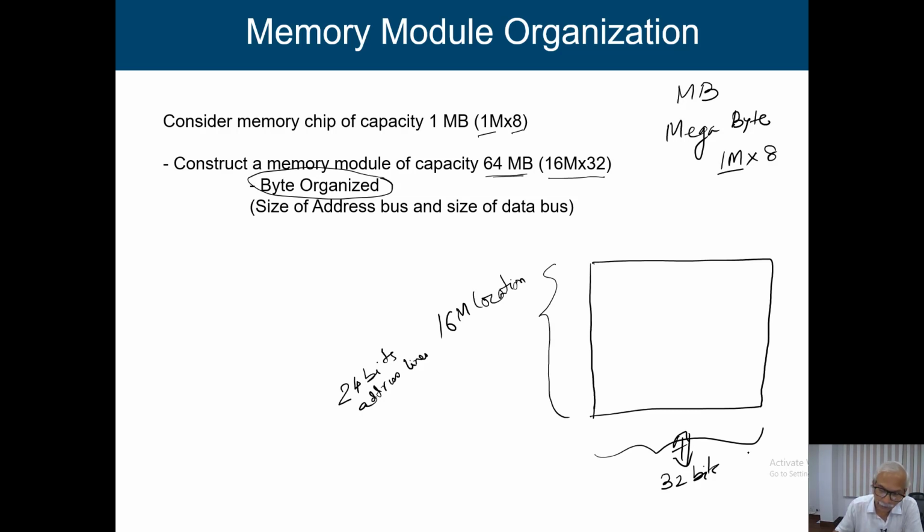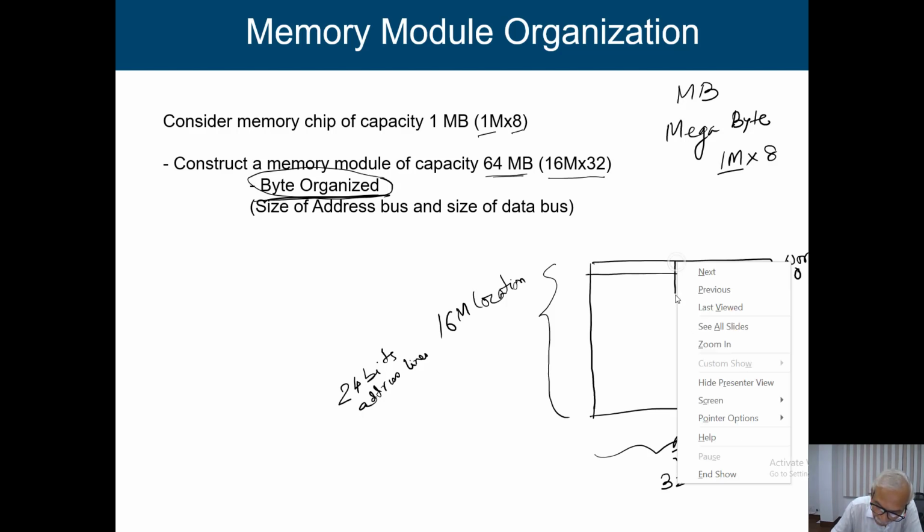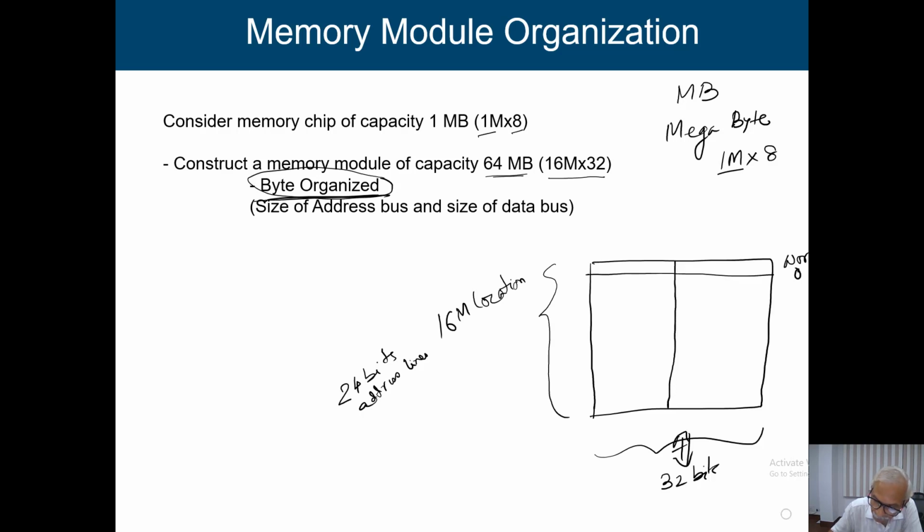But it says that memory is byte organized. So what does it mean? When we say that it is byte organized, we should have provision to access byte wise also. Now when I look at the first word, I will say this is my word 0. In this particular word 0, it consists of 4 bytes.